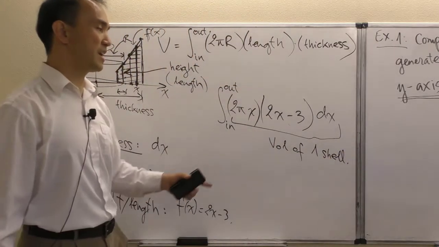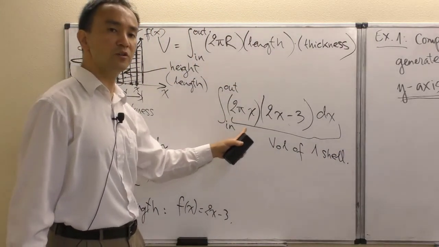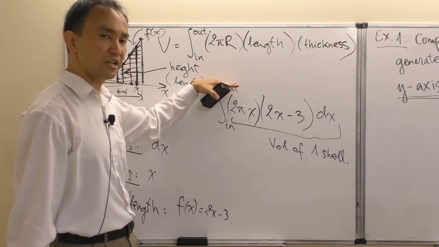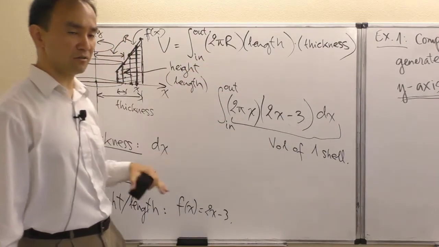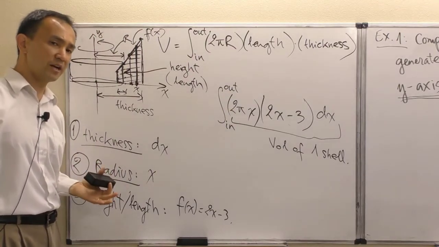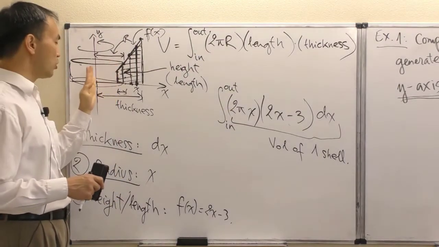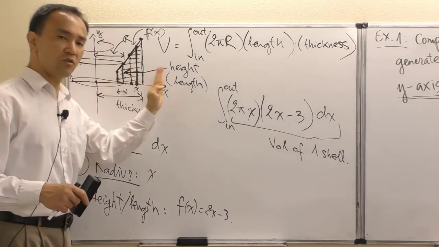That's why now we need to accumulate all of those shell volumes from the inside out. In my logical reasoning, inside out means we go from the stripe that's closest to the rotation center out to the furthest one.